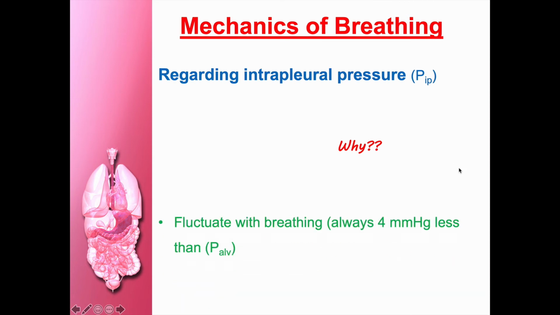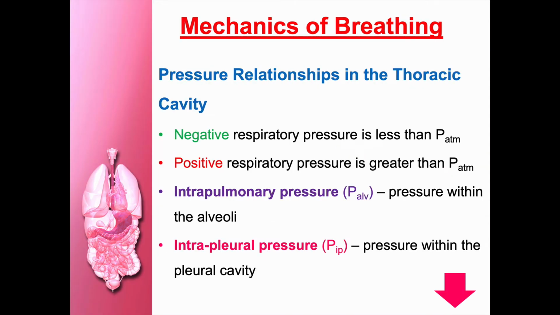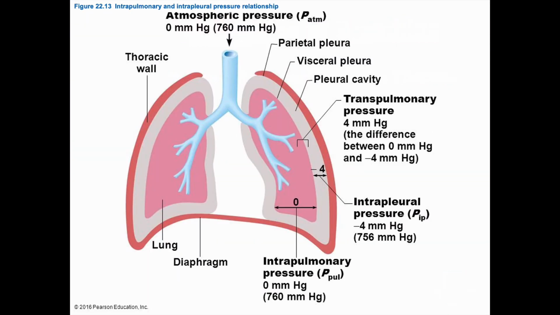Now, if you see, the pleural pressure fluctuates with breathing. The pleural pressure is always negative relative to the alveolar pressure. This pressure you see here is always negative compared to the pressure present in the alveoli.